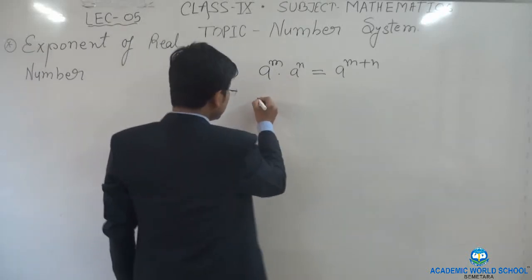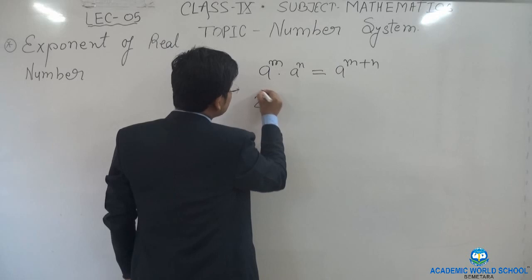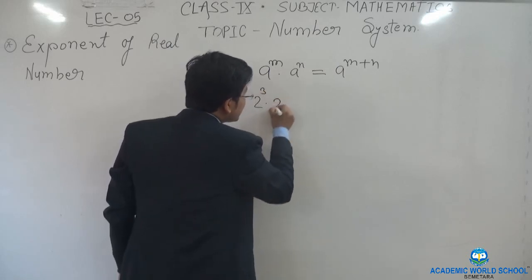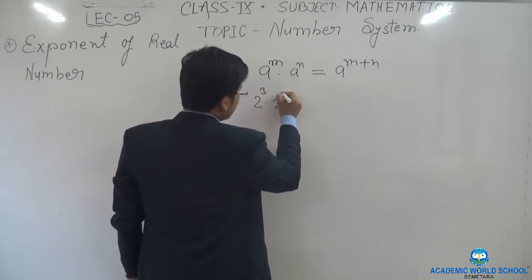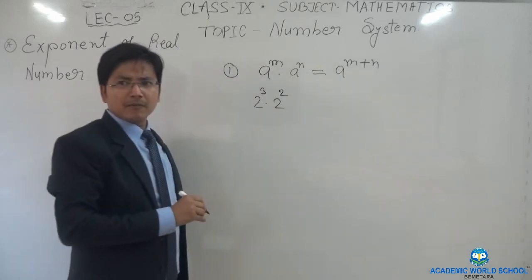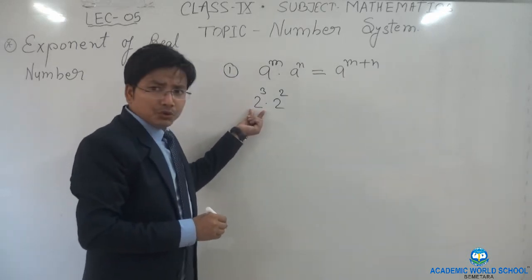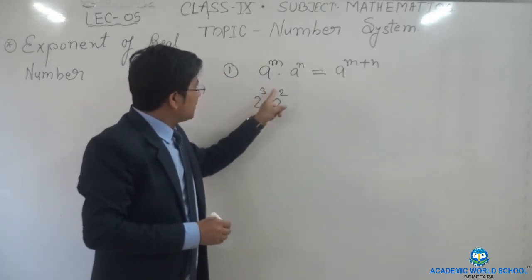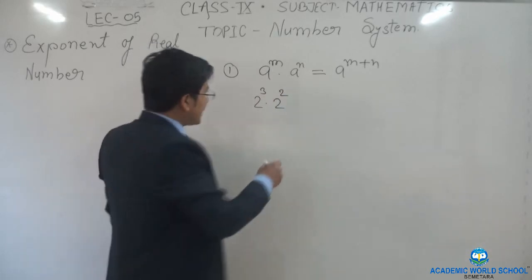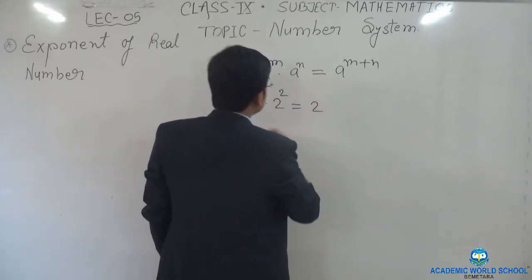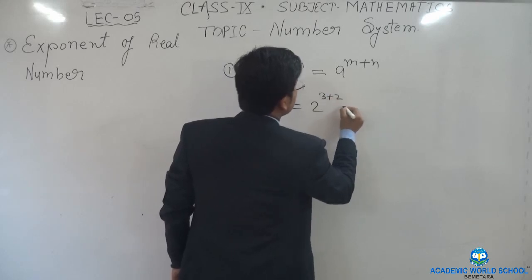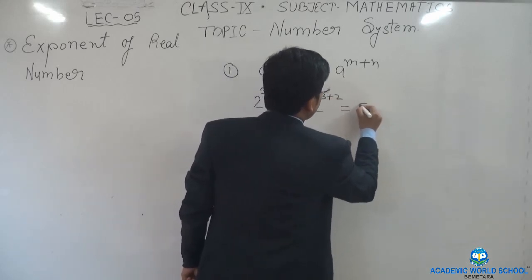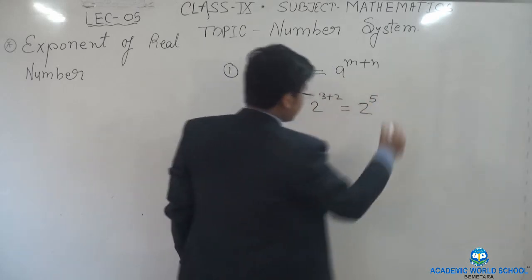Listen, if I am writing 2 to the power 3 and then 2 to the power 2, this is base 2, this is base 2, different exponents. So we can write 2 to the power 3 plus 2, and that is equal to 2 to the power 5.